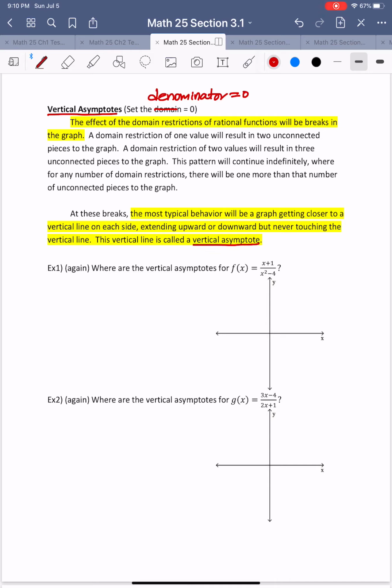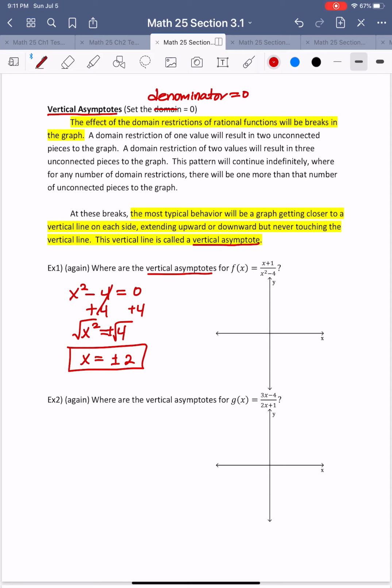So example 1. We already found the domain, didn't we? As a domain, x cannot be plus or minus 2, right? But for the vertical asymptote, we need to set the denominator, x squared minus 4, equal to 0. So solving for x, x squared equals 4, take the square root of both sides, always plus or minus, so x equals plus or minus 2. This is actually the vertical asymptote.